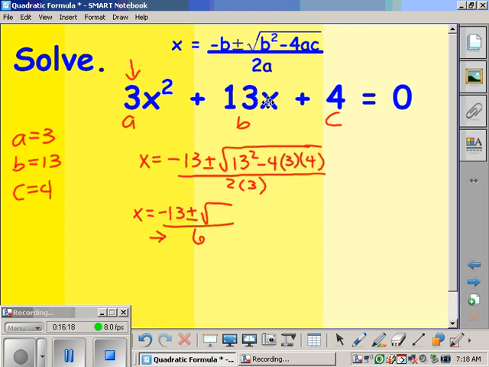Okay, now if we go under the radical, 13 squared, or 13 times 13, is 169. Then we're going to multiply negative 4 times 3 times 4, which is going to be negative 48. And then if we do the math on that, we're going to get 121.